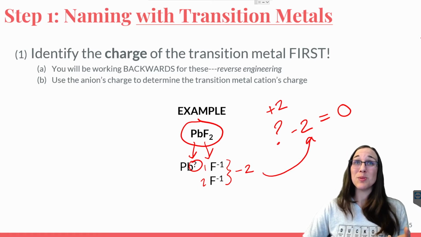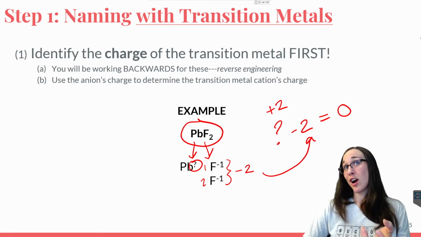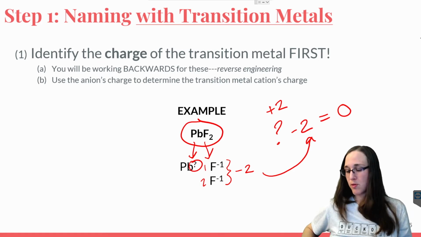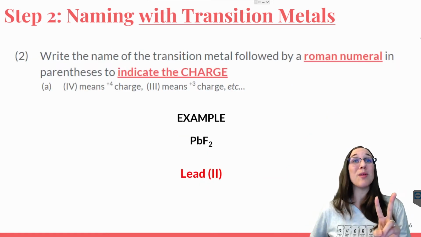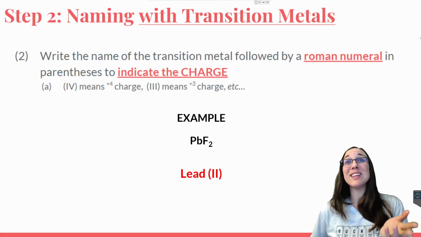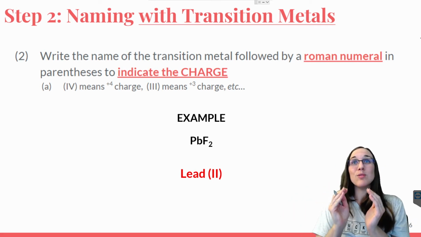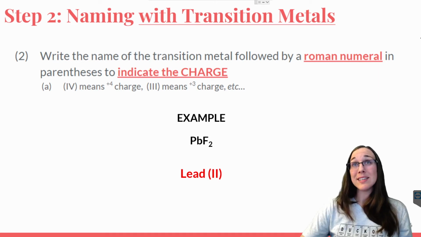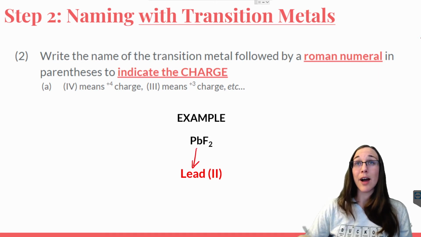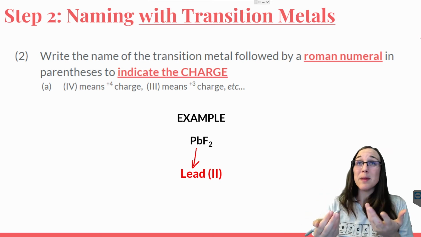So in this situation, Pb is wearing a charge of +2. So moving on to step number 2, now that we know the charge of Pb, we need to write it in parentheses after its actual name using Roman numerals. So now instead of Pb, I would actually write out the word lead because that's what Pb stands for.